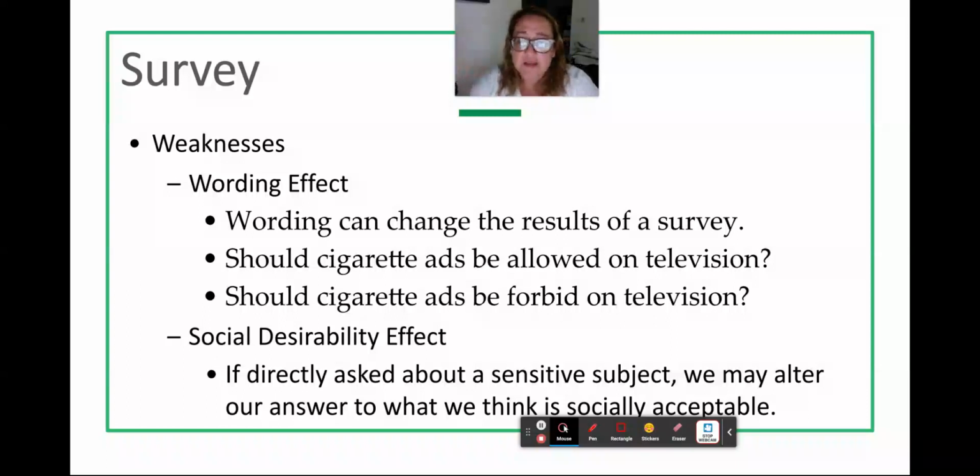So many times, I'll give you one question and we'll do a little example on wording effect in the class. If I tell you, here's the question, should animal owners be concerned with their animals by giving them vaccines, or vaccinating their animals?